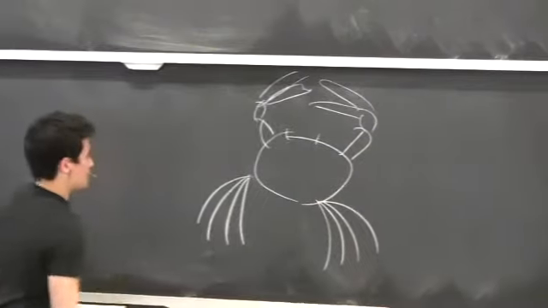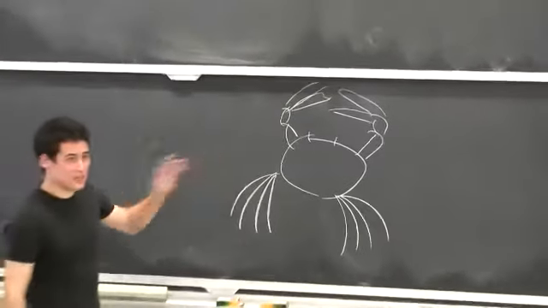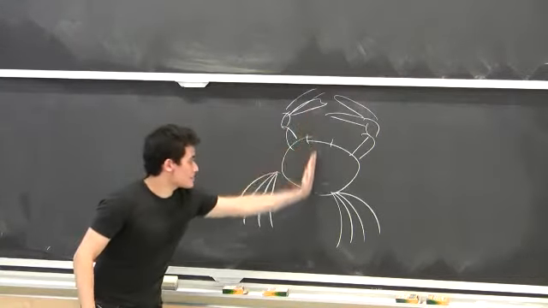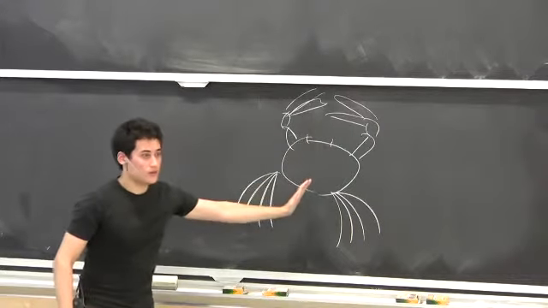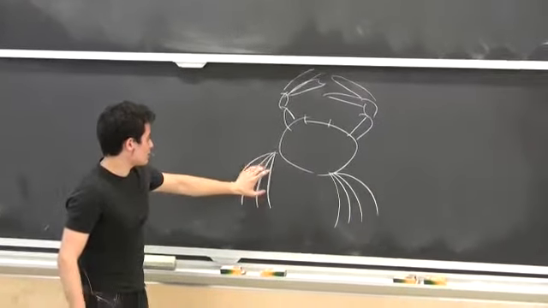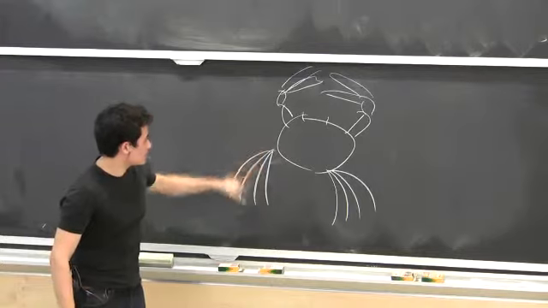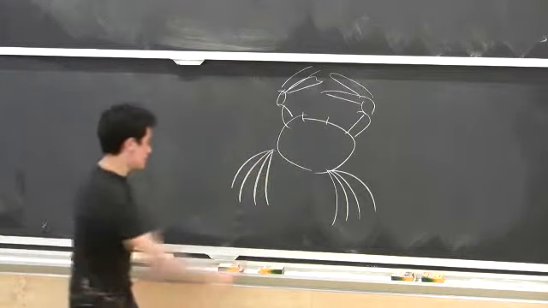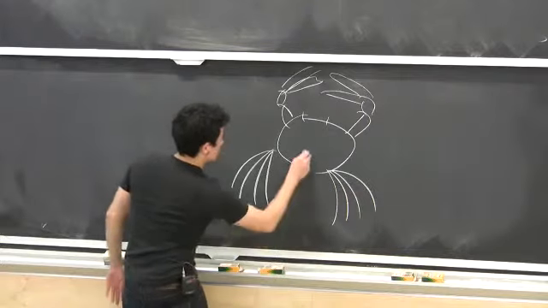That's kind of a cartoony version of a crab, right? But we see that maybe our axis of our model is here. These legs don't need to split at the axis, right? We could actually model this as a tree.